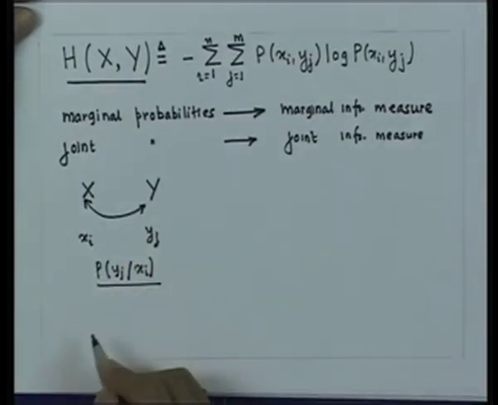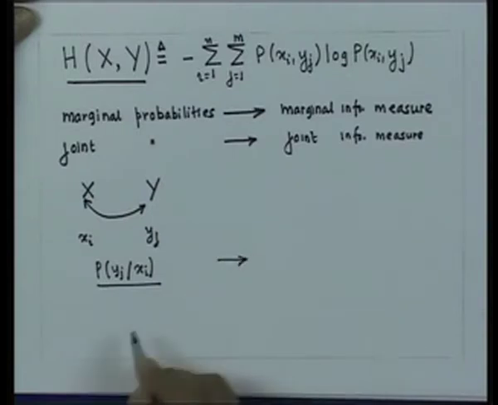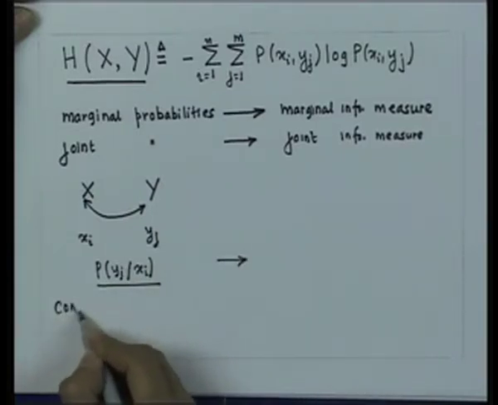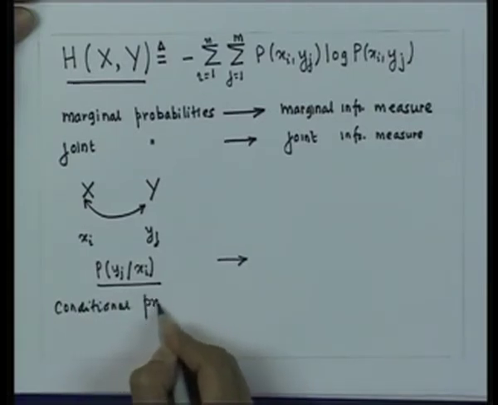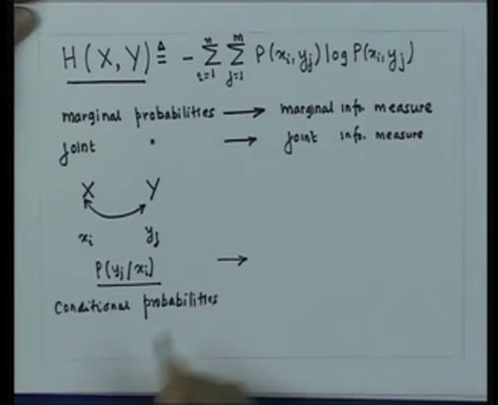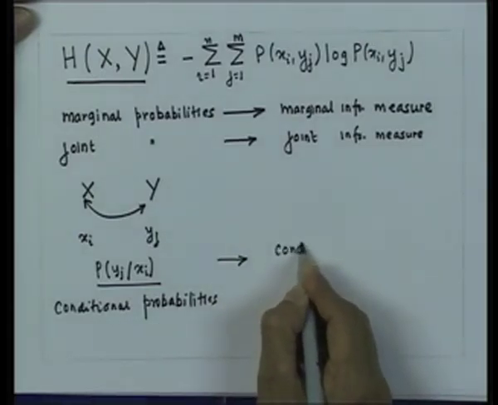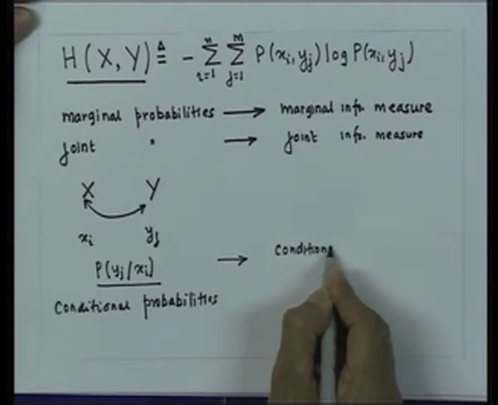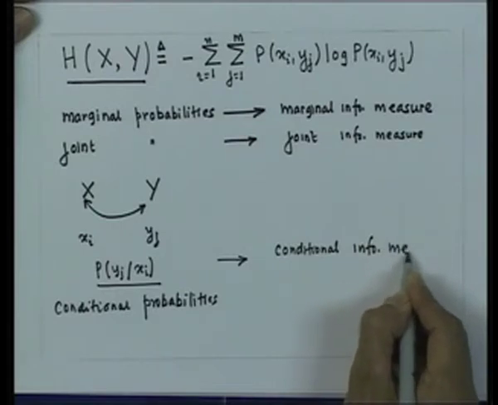These are nothing but conditional probabilities, and based on these conditional probabilities, I can also define what is known as conditional information measure.